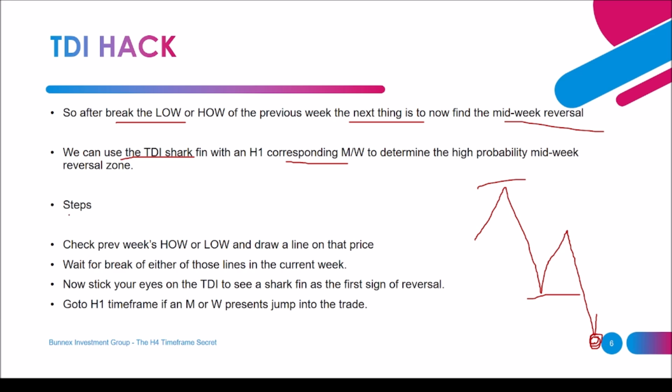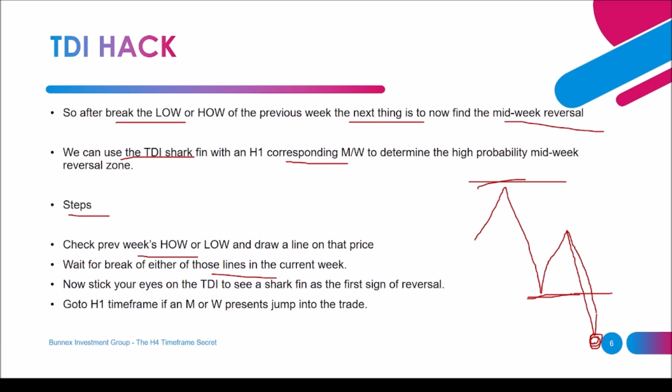So the simplified steps: check the previous week's high or low and draw lines on those prices. Then wait for either of those lines in the current week to be broken. So we are saying wait to see the break of the previous week's high or previous week's low.